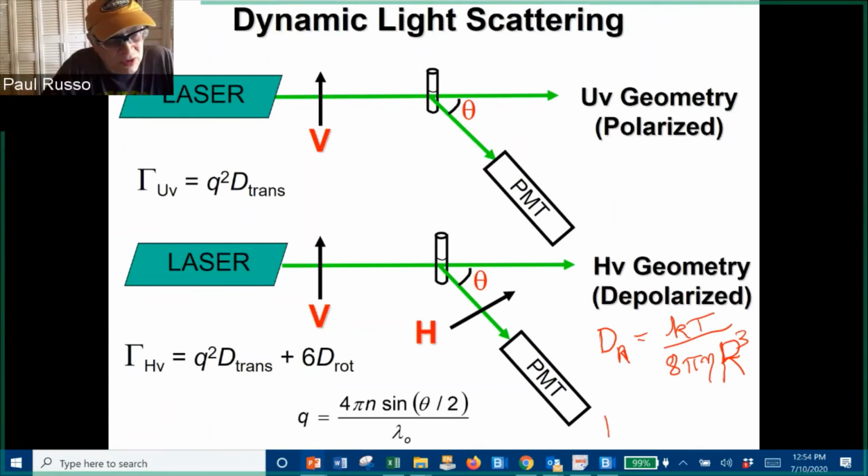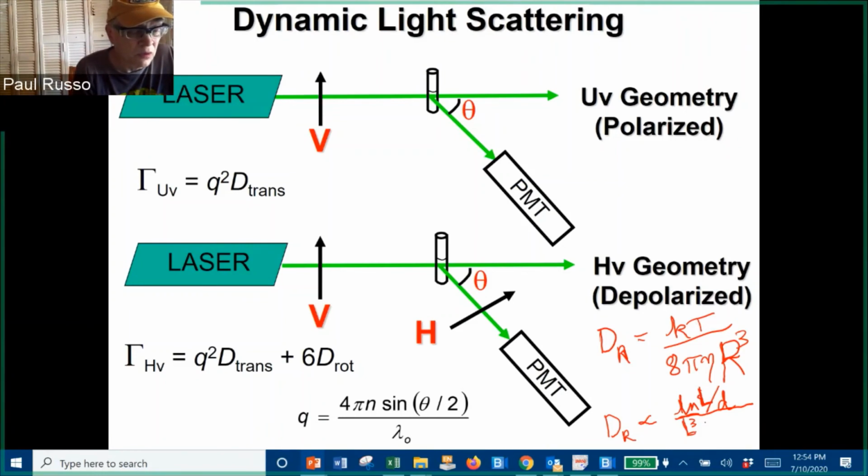For rods, I'll just write it as a proportionality: 1 over the length cubed, times log of length over diameter. And actually the diameter doesn't matter. You can take log L minus log D, and log D will be small compared to log L for thin rods. So anyway, the point is that we can get a size with great sensitivity here.